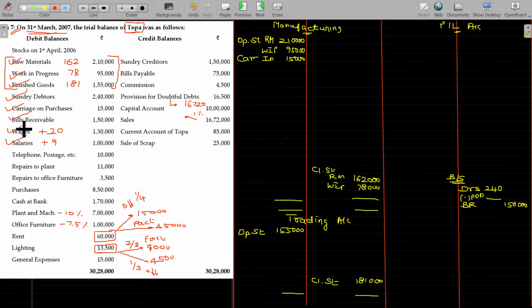Wages and salaries. Wages should be in the debit side of the manufacturing account. 130 plus 20, 150 will be posted in the debit side. The 20 being the outstanding is a liability. I put that value in the liability side. So outstanding wages, the value being 20,000.